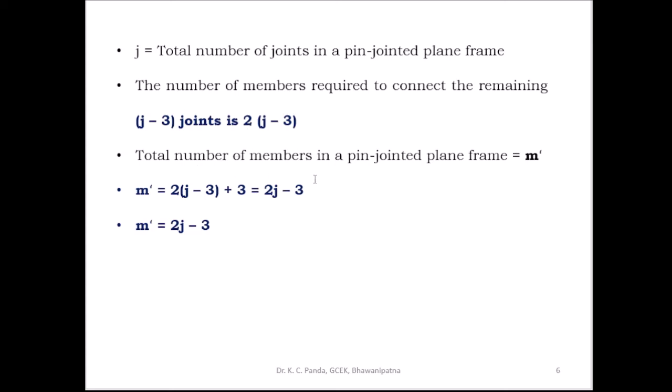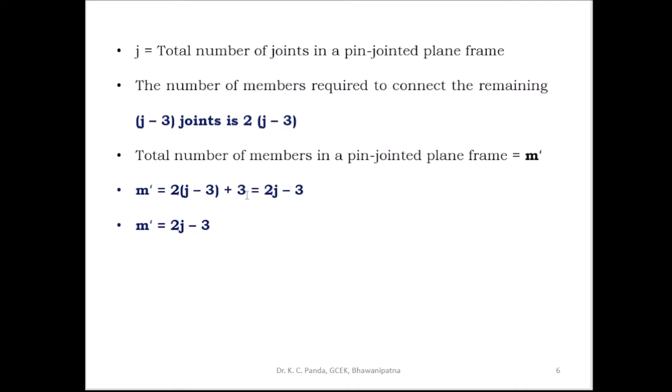Then the total number of members in a pin jointed plane frame is equal to M dash. M dash is equal to 2 into J minus 3, this is the members required for the additional joints, plus 3, the members which are required for the simplest frame.